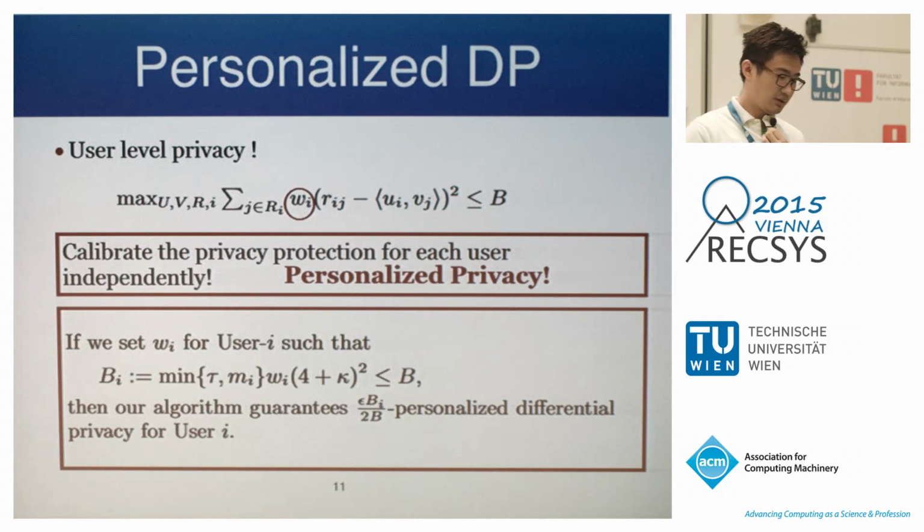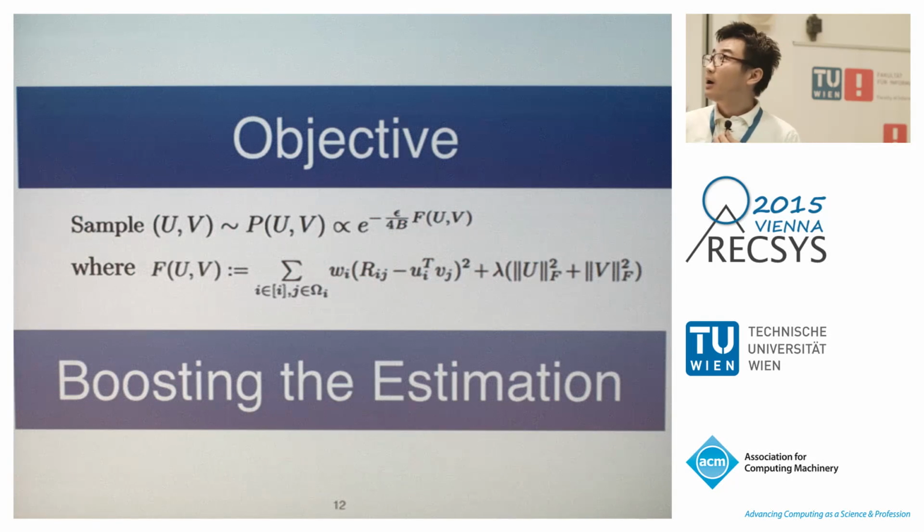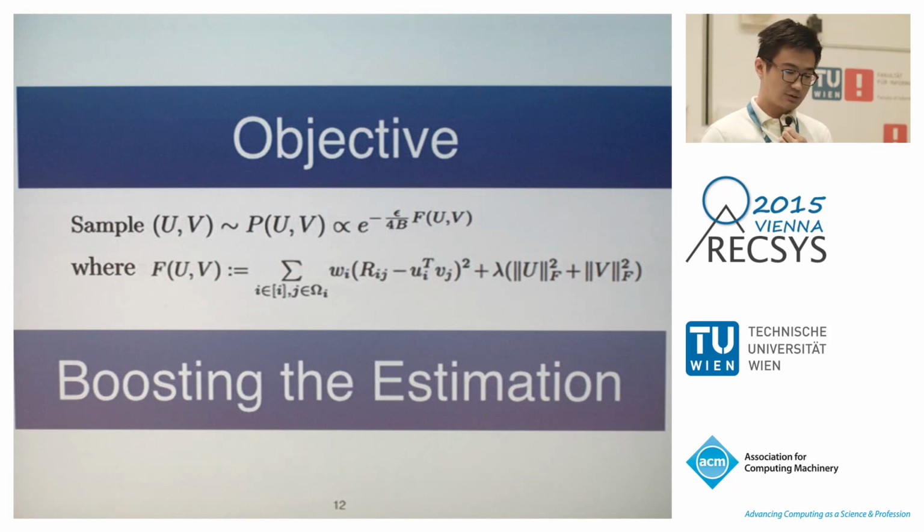Formally, if we set W_i for user i such that he has a bound B_i, where tau is the trimming threshold and M_i is user i's number of ratings, then our algorithm can guarantee this personalized differential privacy for user i. So now our objective is to sample from this distribution.